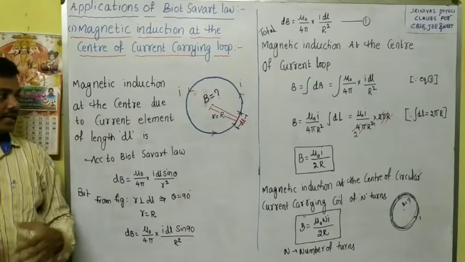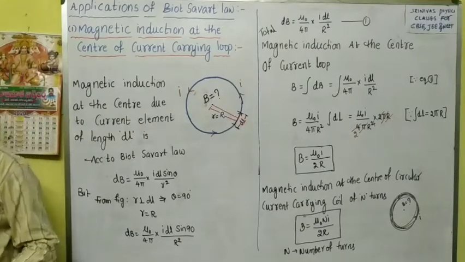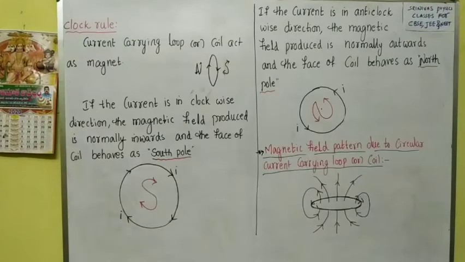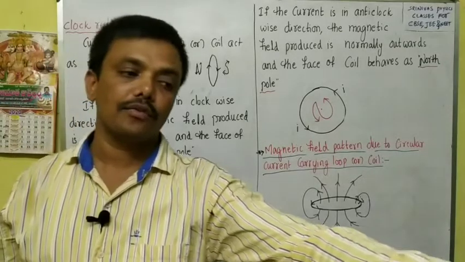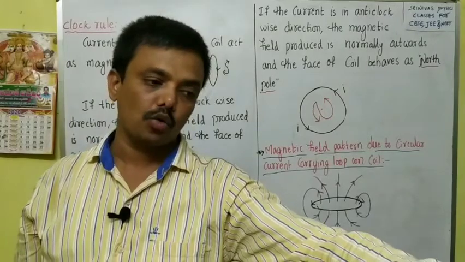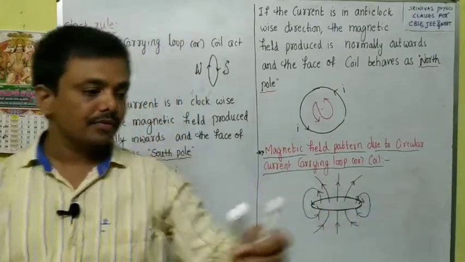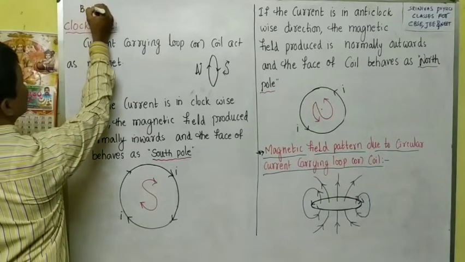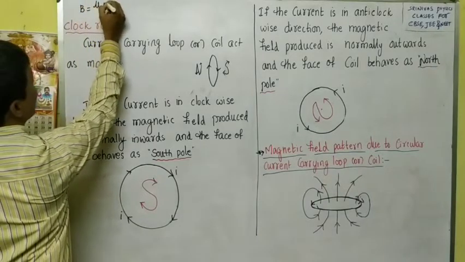Now let us continue this. I am going to rub the board and I will continue. Okay, let us continue. Previously we derived the formula for the magnetic induction at the center of a current carrying coil or loop. B is equal to mu naught N I by 2R.